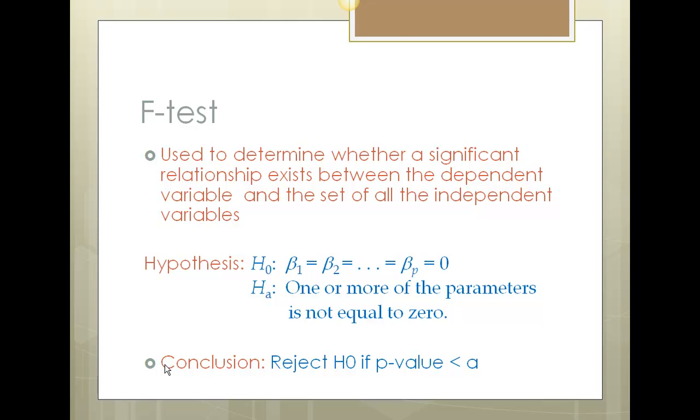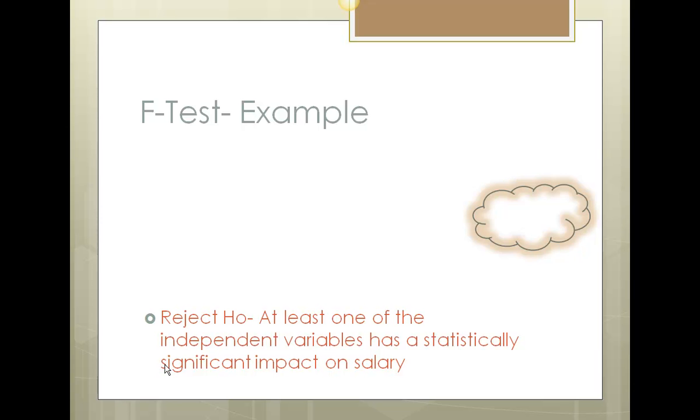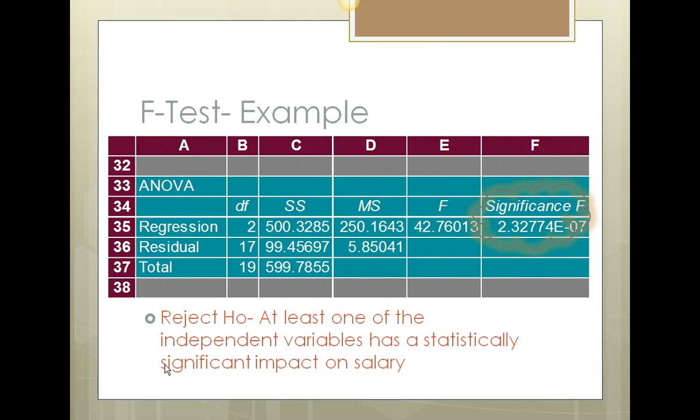We're going to usually use an alpha of 0.05 for 95% confidence. So if the p-value of your F statistic is less than 0.05, then you would reject H0, and you would be 95% confident that at least one of your independent variables has a statistically significant impact on your dependent variable. So let's look at how that would apply here. My significance of F is my p-value of F. That is definitely less than 0.05, so I reject H0.